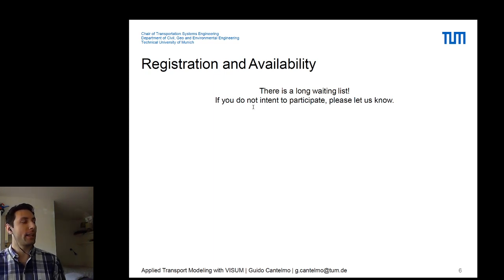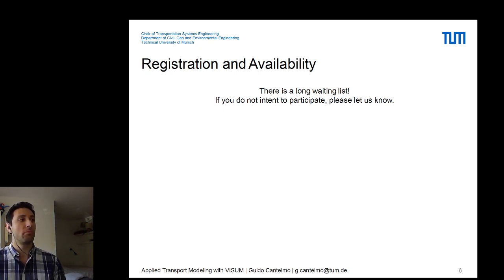Registration and availability: I see that we have 33 persons here. I think that we had a total of 42 students asking to be registered for the course. My understanding is that we are fine with accepting all the people who applied for this course.